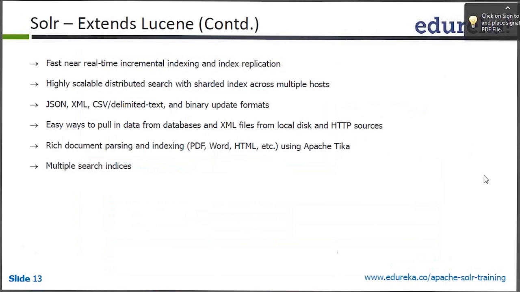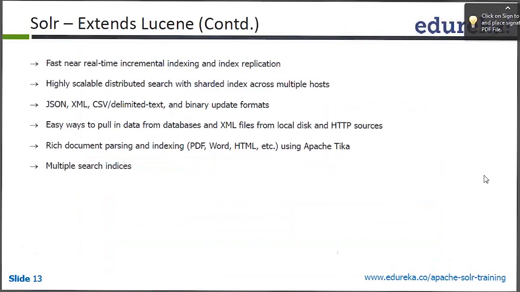So I think we have seen this. It is near real time for faster search and index. You can distribute the search or index across multiple nodes in a distributed environment or in a SolrCloud kind of setup. As I mentioned, there are multiple formats.